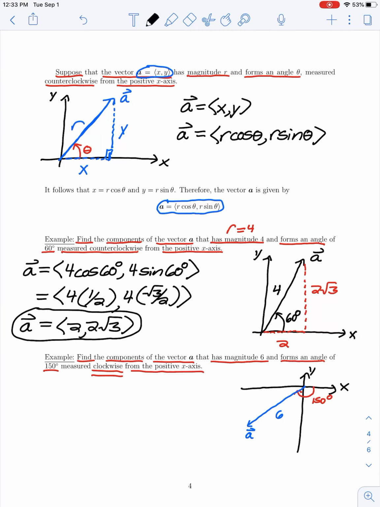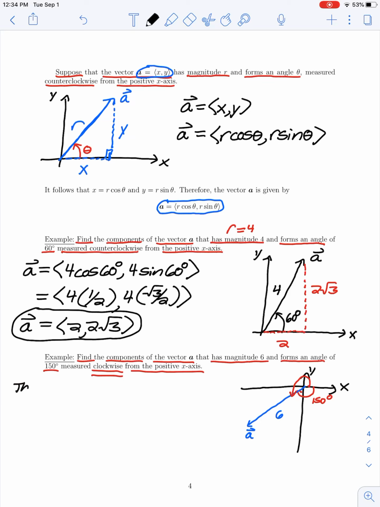So here, there's a couple of ways we can find this. One way would be to find the angle that we would rotate through in the counterclockwise direction to produce that same vector.